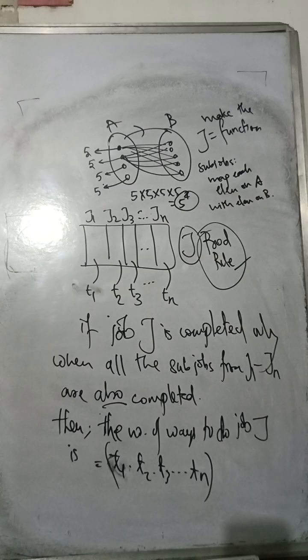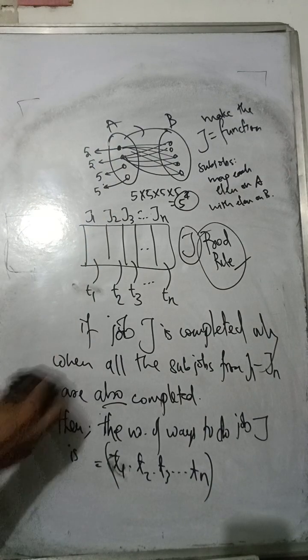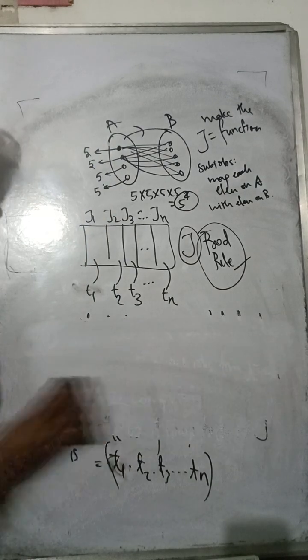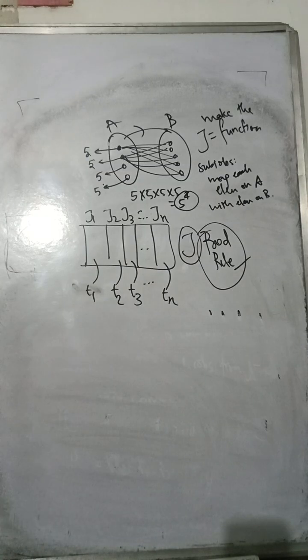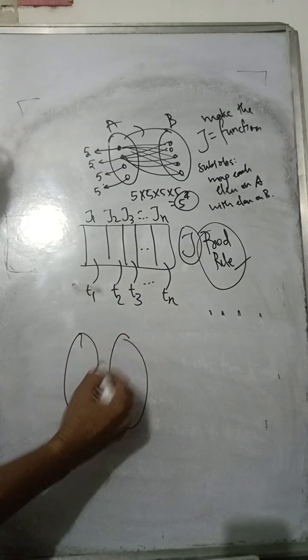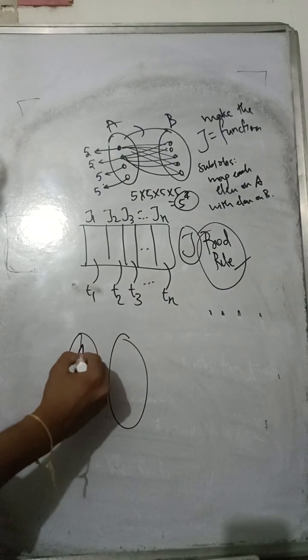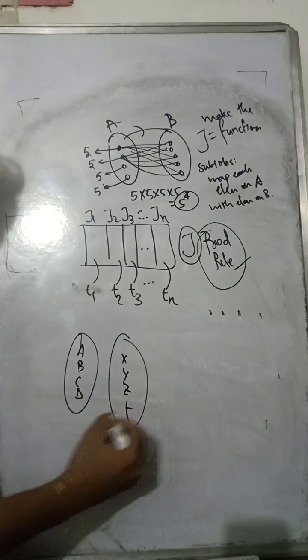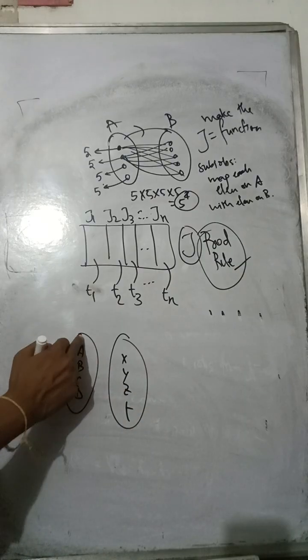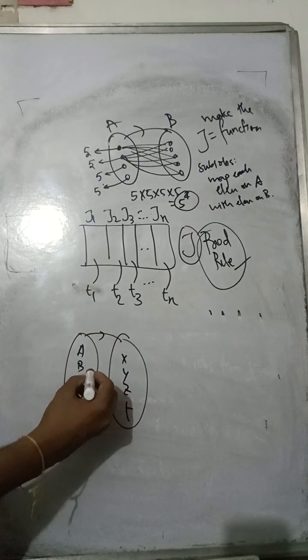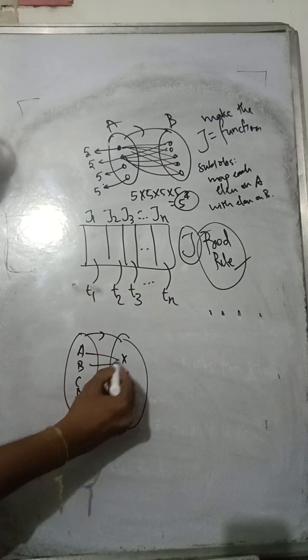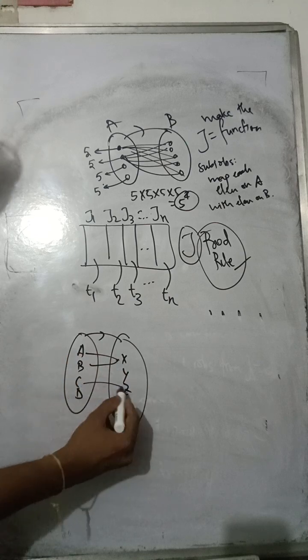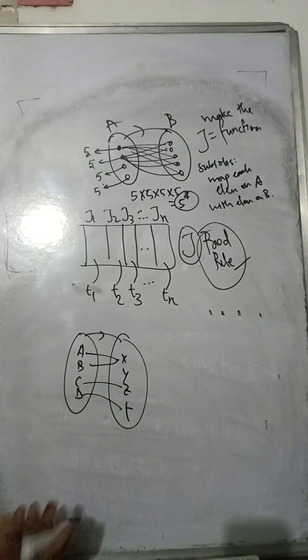Why? Because all these things must be done. All of them should be mapped. Like if we have elements A, B, C, D and x, y, z, t, a function is only such that this is mapped somewhere, this is also mapped somewhere, this is also mapped to somewhere, and this is mapped to someone else.